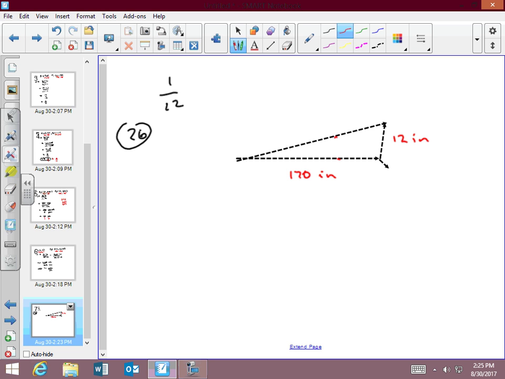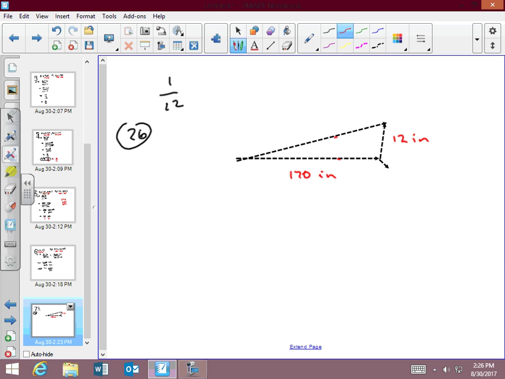Now, if you send somebody to measure it, make sure they measure it in the same units, right? If they measure it horizontally in feet and vertically in inches, then what do you have to do? Everything's got to be in the same units, right? If you measured it vertically as 1 foot, that 170 you've got to convert to feet, right? Because your units have got to be the same.